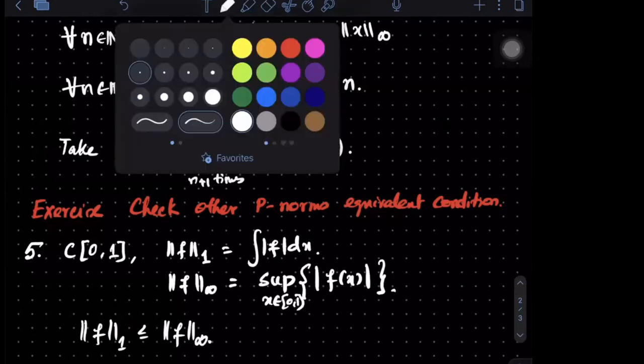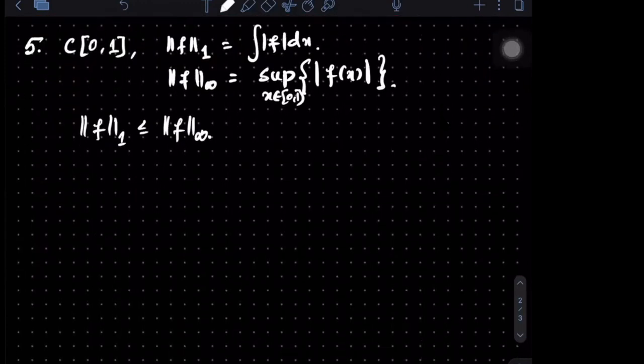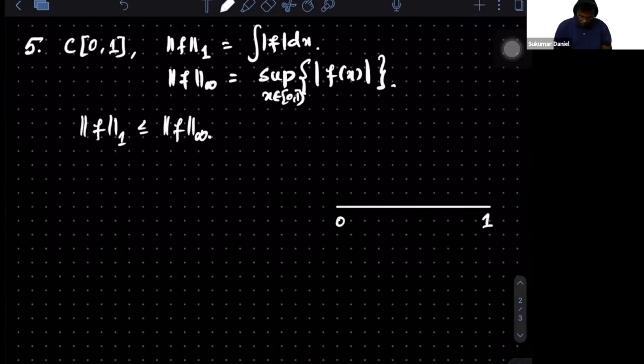So if I consider this is 0, 1 and I have a function. Okay, so this is my f of x. Of course, mod f of x, because I'm considering mod f of x.